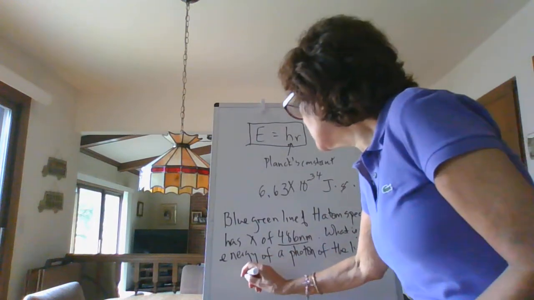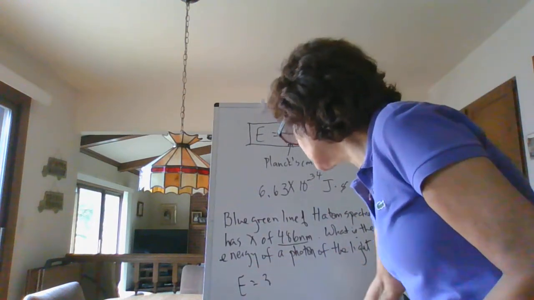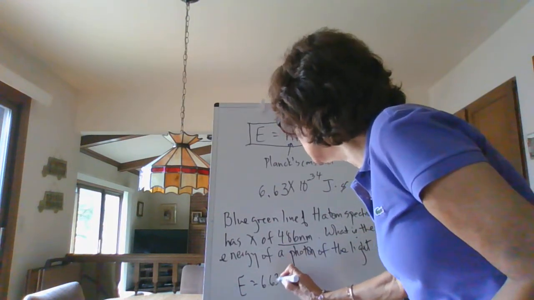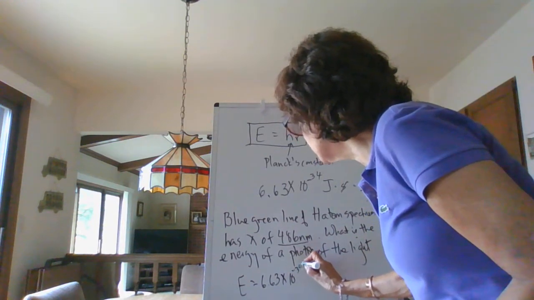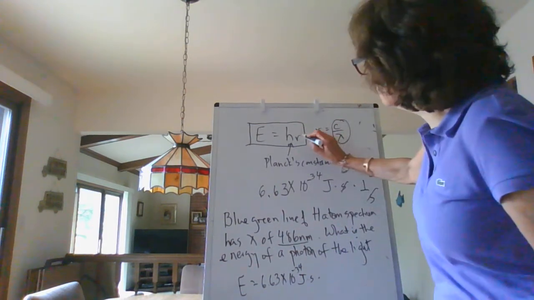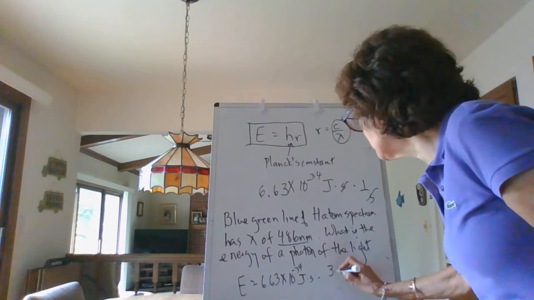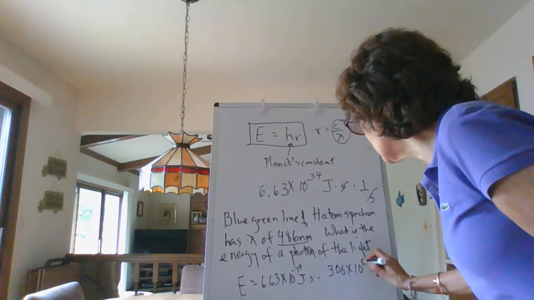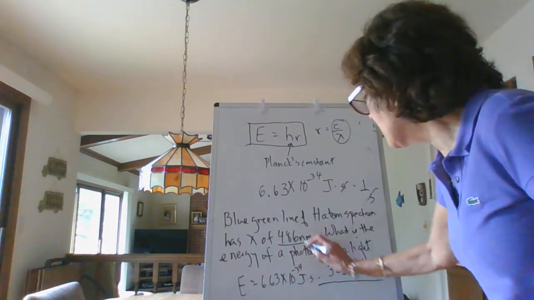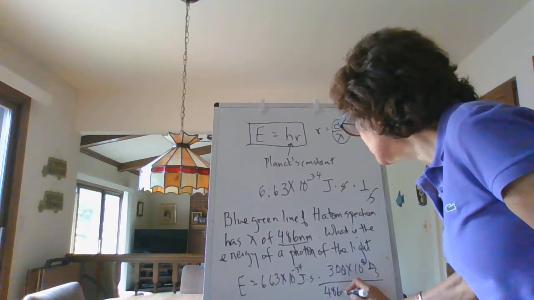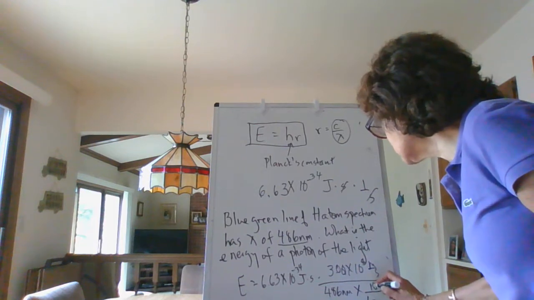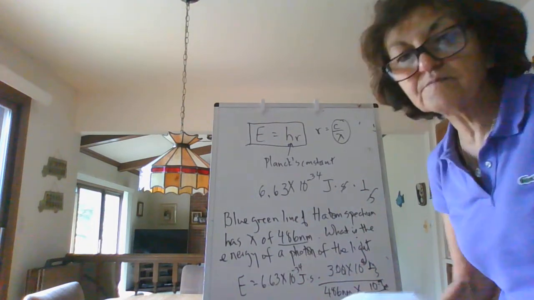Energy is equal to, let's put the Planck's constant here, 6.63 times 10 to the minus 34 joule second, times, I'm going to put this instead of nu, 3.00 times 10 to the 8th meters per second, and then I'm going to divide by 486 nanometers, but I have to convert that to meters. 1 nanometer is 10 to the minus 9 meters.